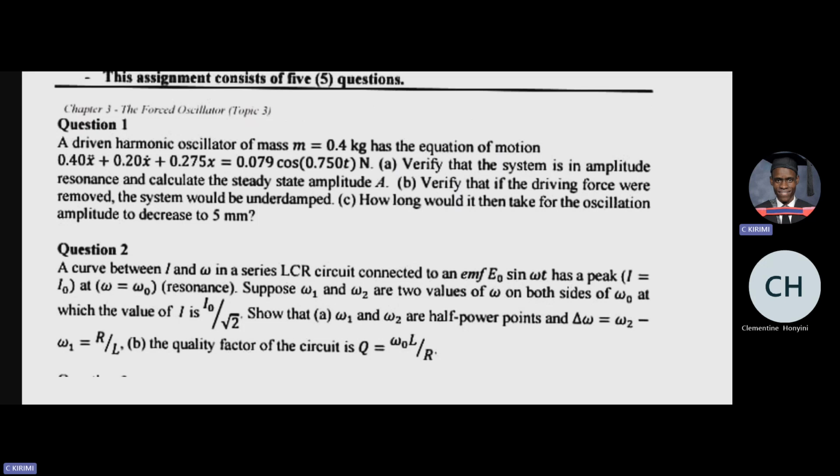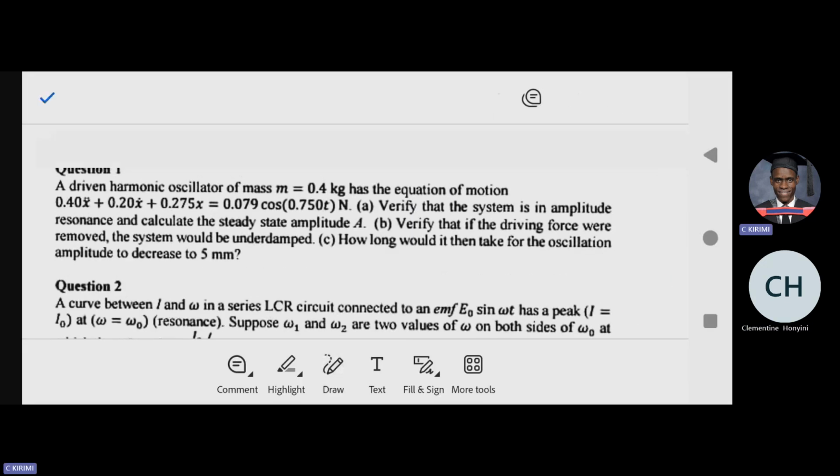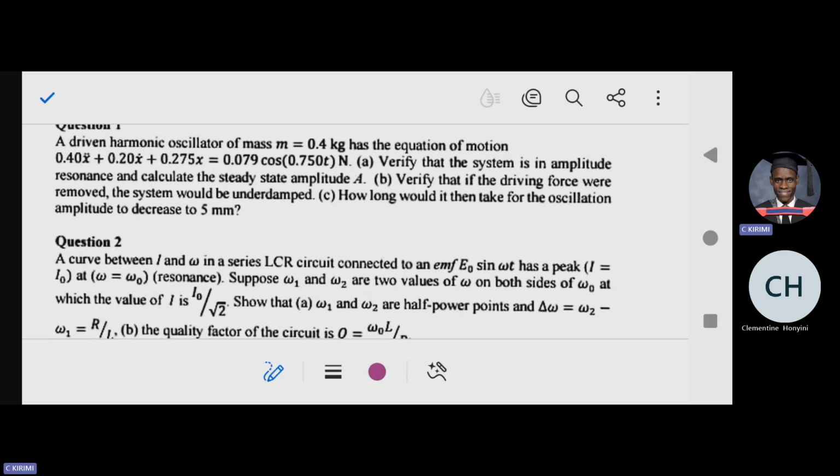So we are given a curve between I and omega in a series LCR circuit connected to an EMF E naught sine omega t. There's a peak, I equals I naught and omega equals omega naught, which is the resonance. Suppose omega 1 and omega 2 are two values of omega on both sides of omega naught.